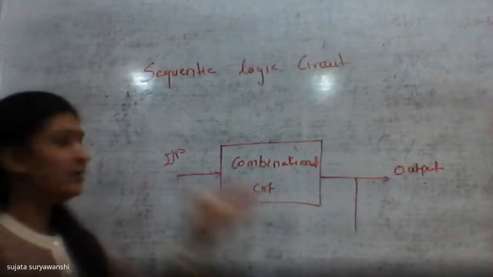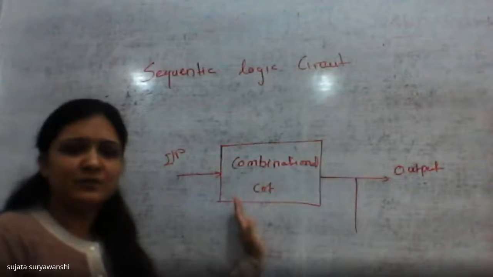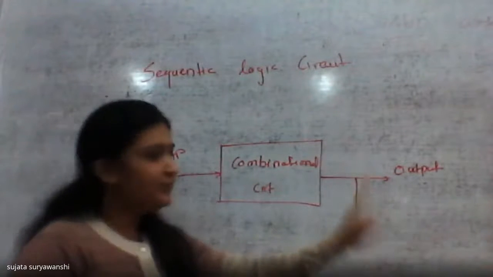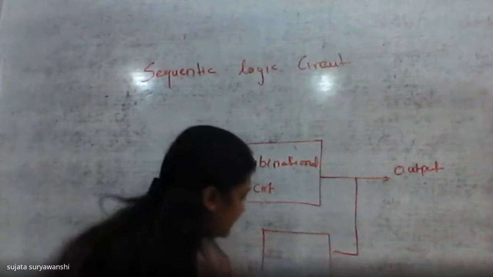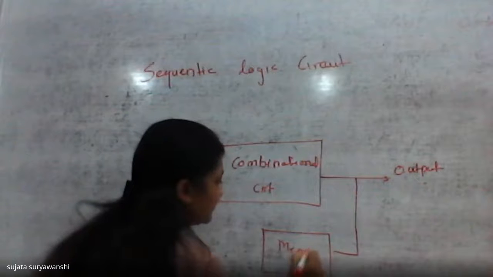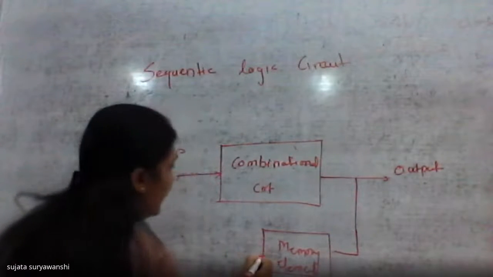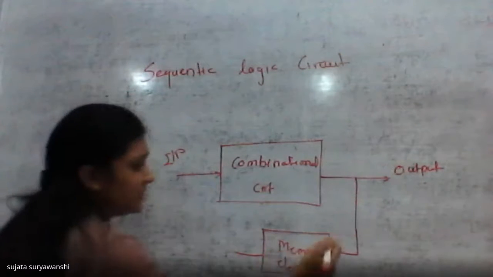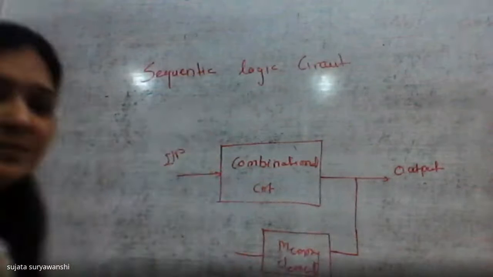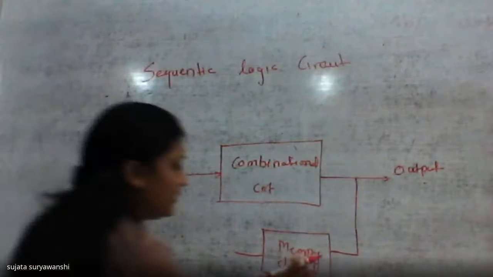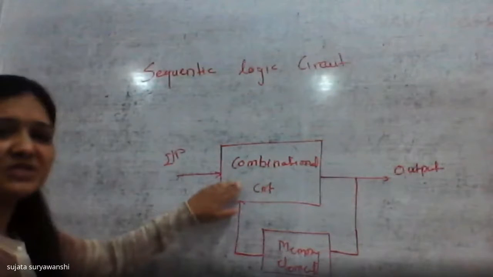The combinational circuit takes some external inputs, works on them, and gives some output. Then some of the outputs are stored in the memory element, meaning the output of the previous state of your combinational circuit is stored in the memory element, and those stored values are also used by the combinational circuit.